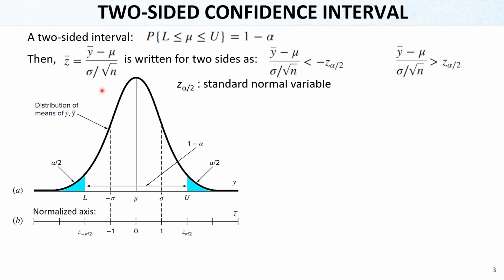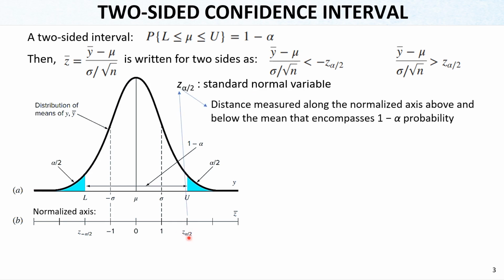This is the standard samples formulation that we showed in the previous slide. We can simply have smaller or larger values. Basically, these blue areas are these: minus z alpha divided by 2 and z alpha divided by 2. This part and this part we can think of as these two sides. And z alpha divided by 2 is a standard normal variable.